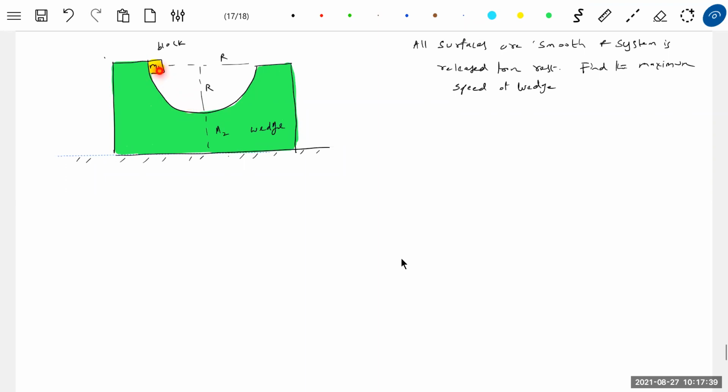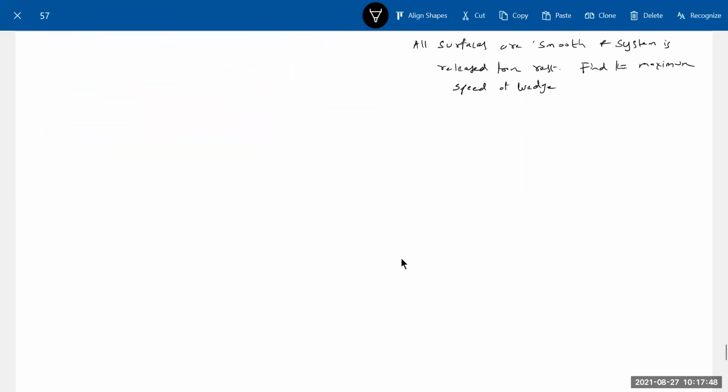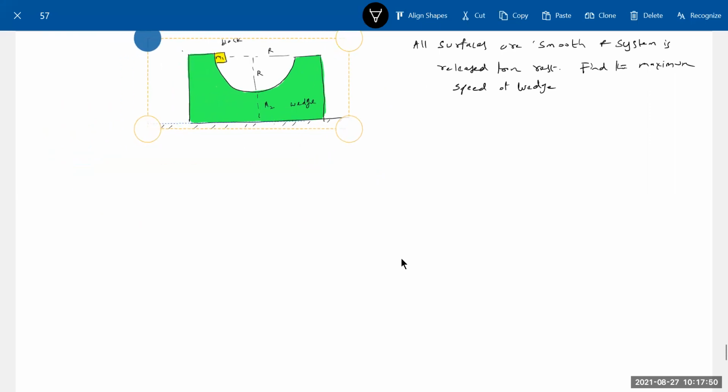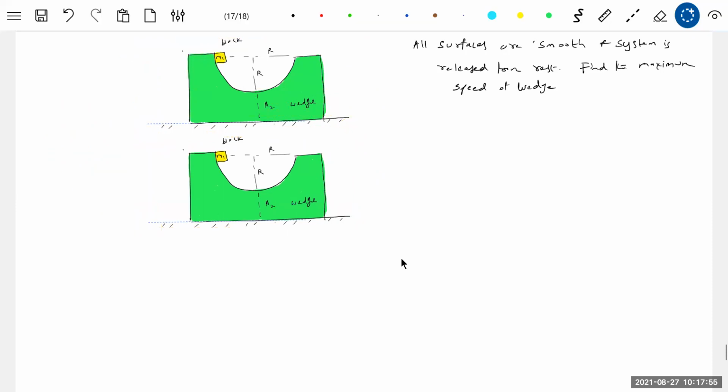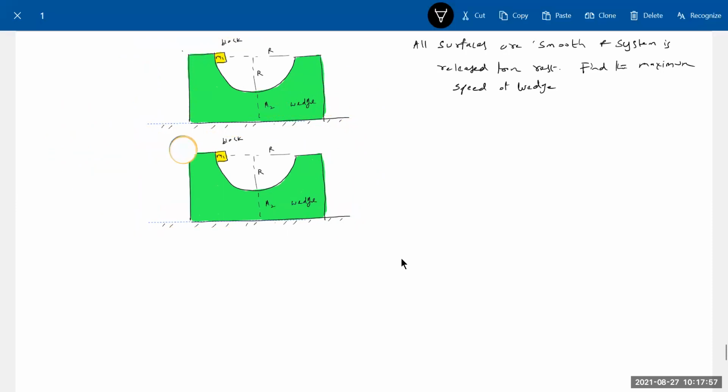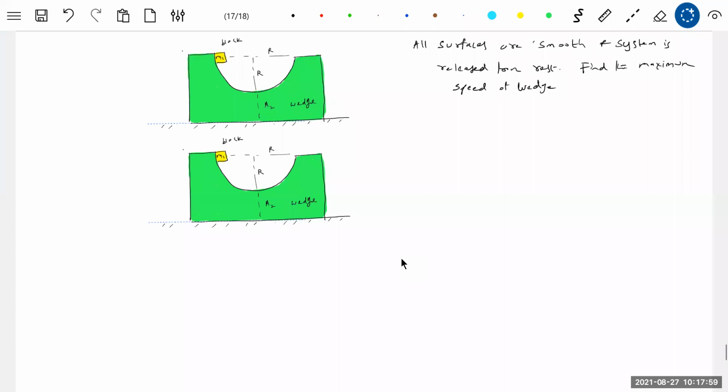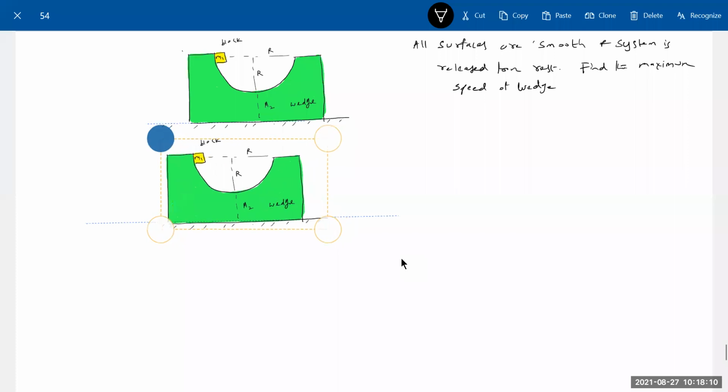Then, what are the forces acting? Normal contact. I'll make the diagram small because I have to draw plenty here. Somewhere the wedge will undergo some displacement.